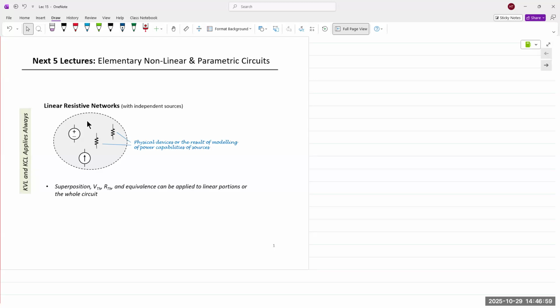If current increases, voltage must increase. So V is directly proportional to I, and the constant of proportionality is the resistance value R. So V equals IR, Ohm's law. When you have linear circuits, we can apply superposition, Thevenin, Norton, equivalence, everything can be applied equally to the entire circuit. Okay. Then we have nonlinear circuits.